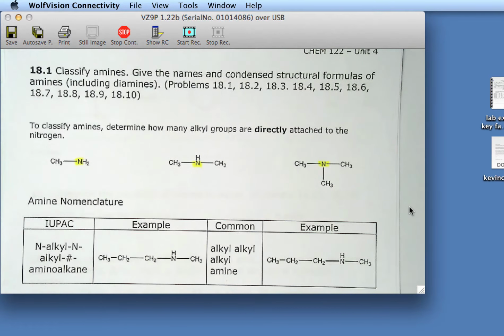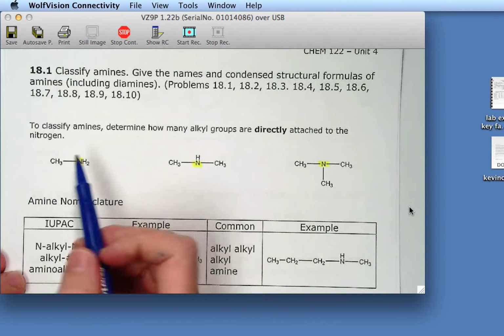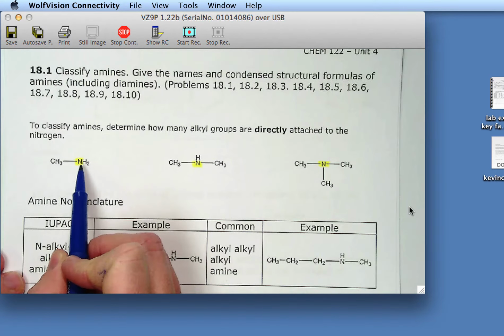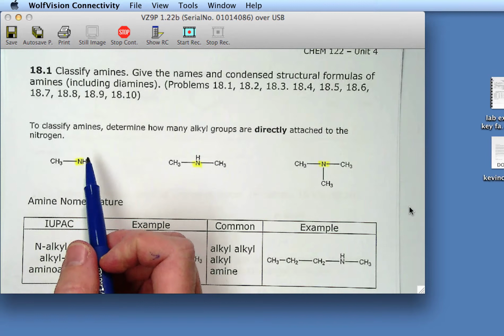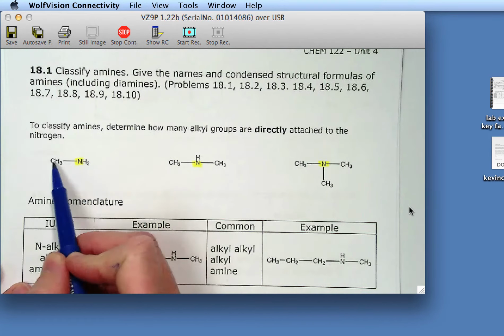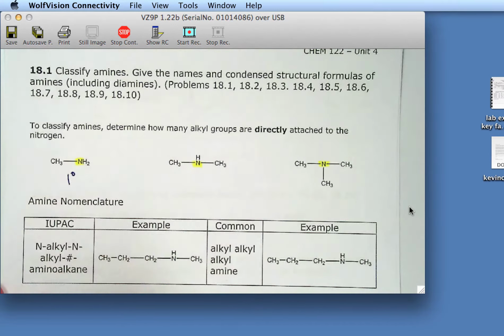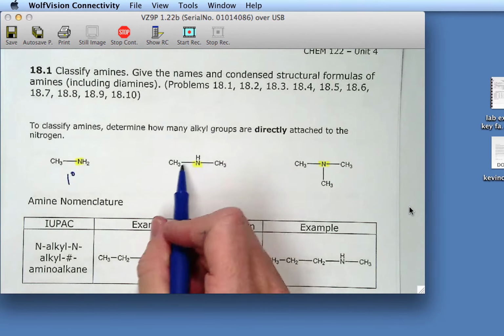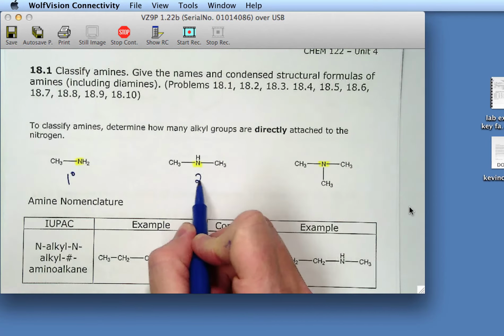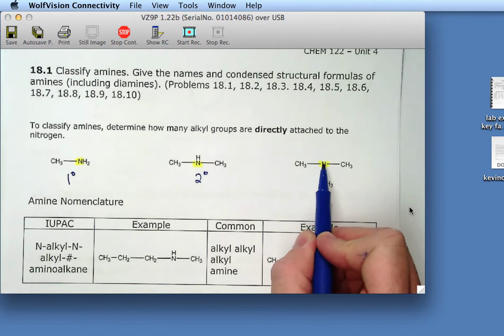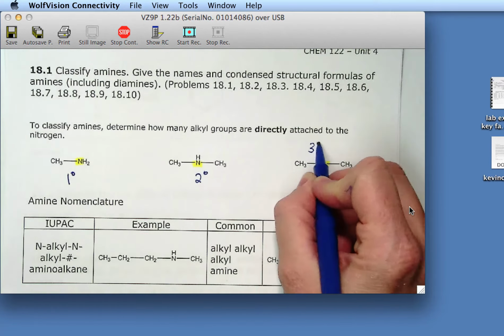And we classify amines like alcohols: primary, secondary, tertiary. Instead of looking at the carbon bearing the OH, you're looking at how many things are coming off that nitrogen. One thing coming off this nitrogen means it's primary. Two things coming off that nitrogen, it's secondary. Three things coming off this nitrogen, it's tertiary.